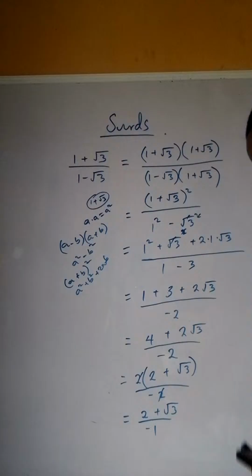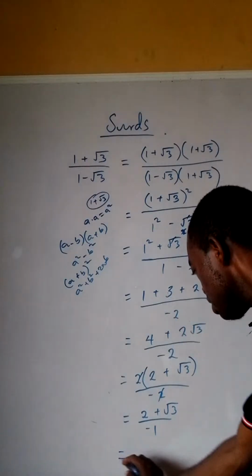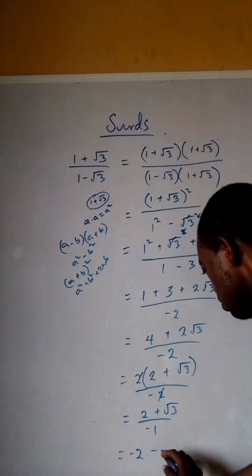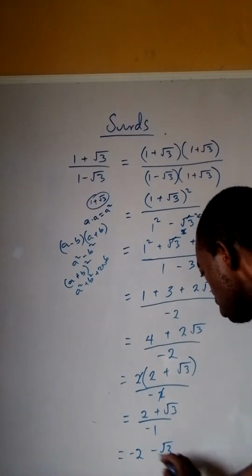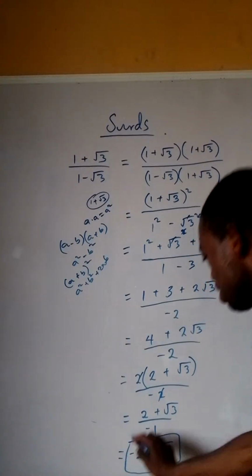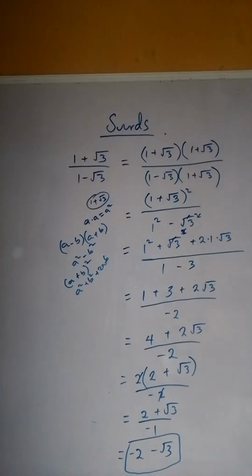So I write it as minus 2 minus root 3. So here we have this as the simplified form of that given problem. Okay, so we have already simplified this now, and we have rationalized that problem there.